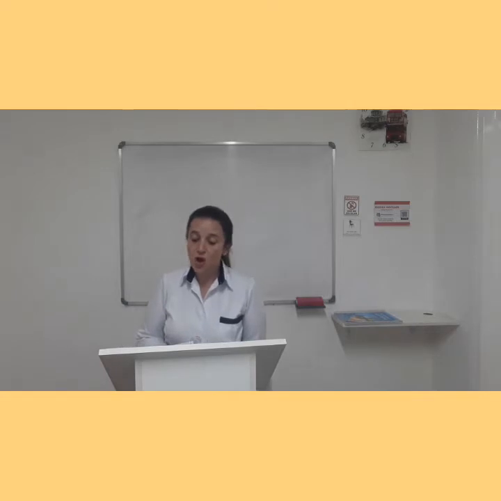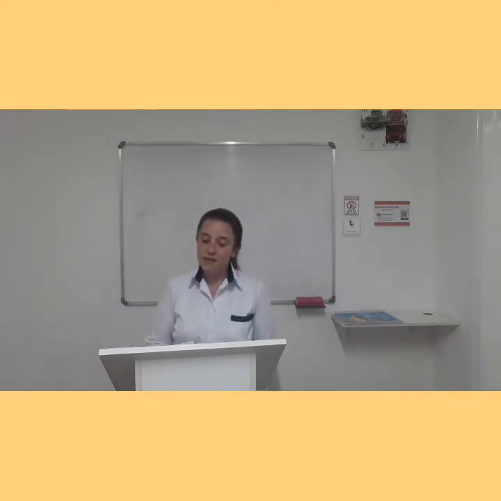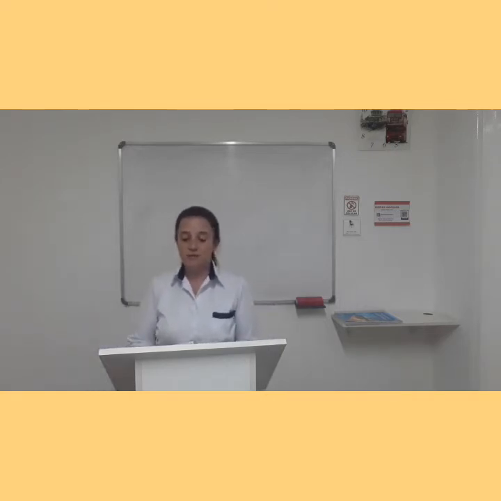Okay? The present perfect continuous, also called present perfect progressive, is a verb tense which is used to show that an action started in the past and has continued up until the present moment.